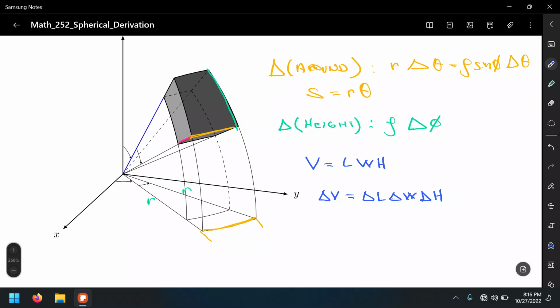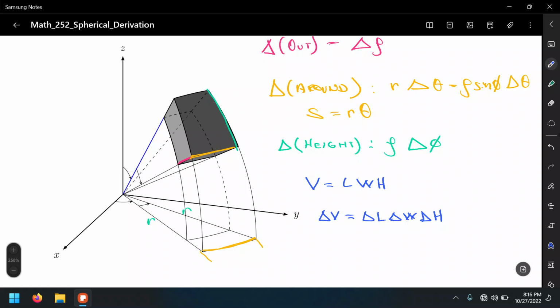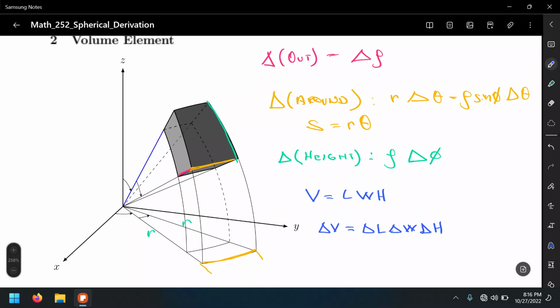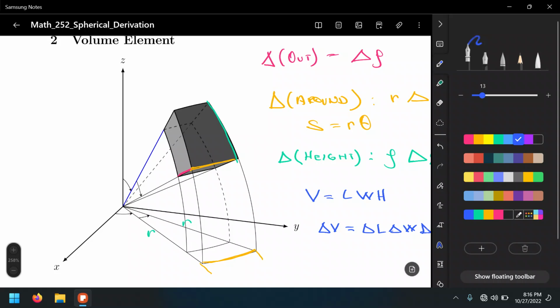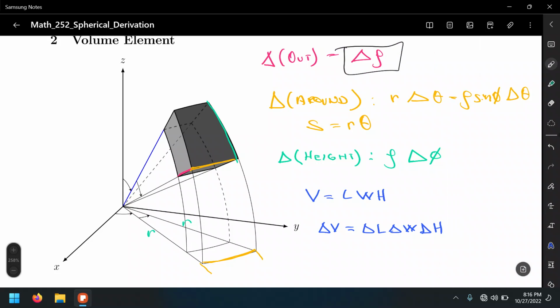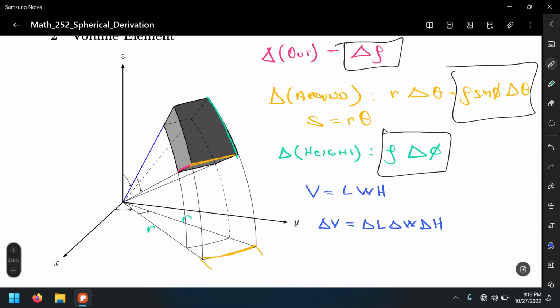All right, now in the context of spherical coordinates, our delta L, whatever they are, it doesn't matter. Ultimately, it will be the product of these three. This one, times this one, times this one.